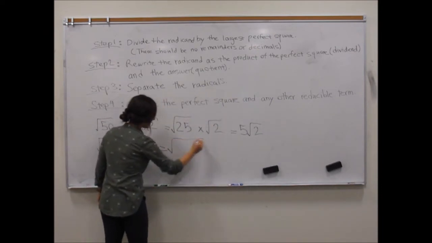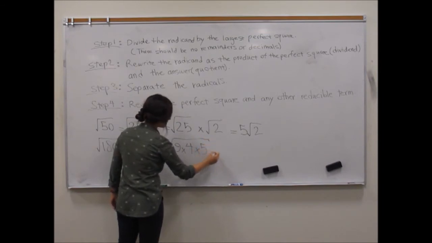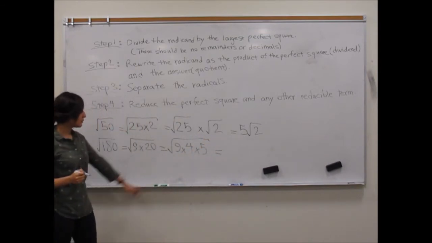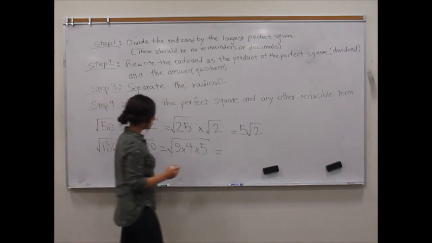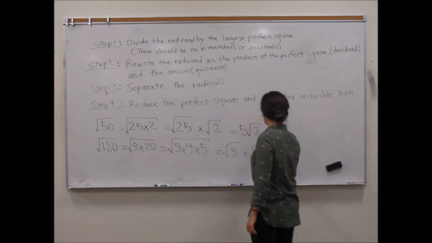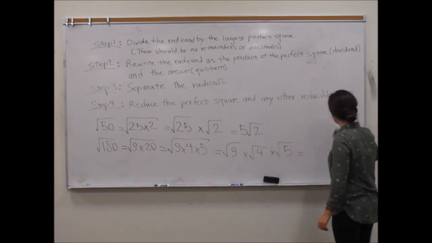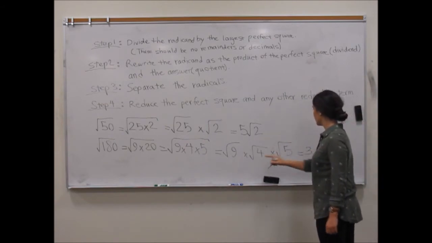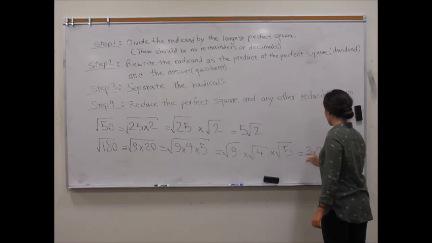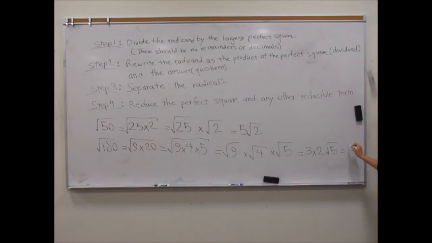So I can write this as 9 times 4 times 5. And then I'm going to separate the radicals. So I have rad 9 times rad 4 times rad 5. So rad 9 is 3, rad 4 is 2, and then rad 5 cannot be simplified anymore. So 3 times 2 is 6, so I have 6 rad 5, and that's how we use those steps.